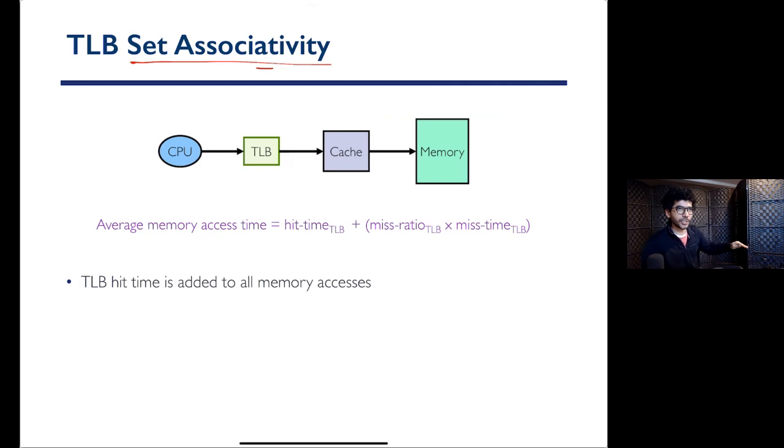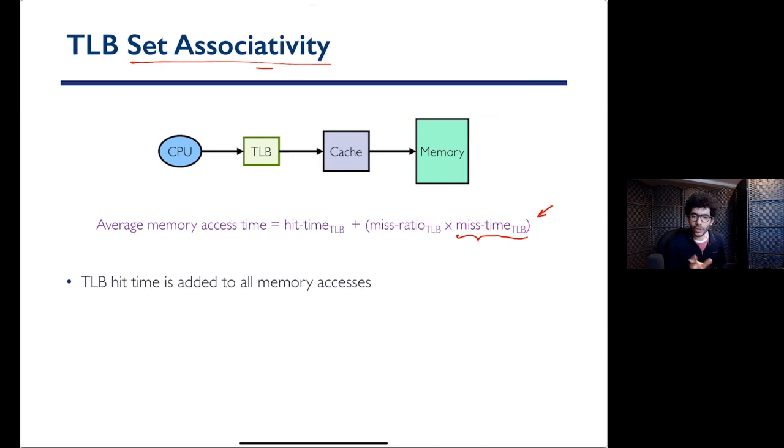Fully associative caches were really flexible, but slow. Now, if you look at this equation here, you know that this miss time in TLB is really high, because if you miss in TLB, you have to go and fetch the translation, which means 4 memory accesses. So this is really high.